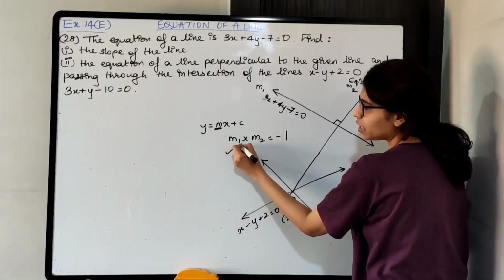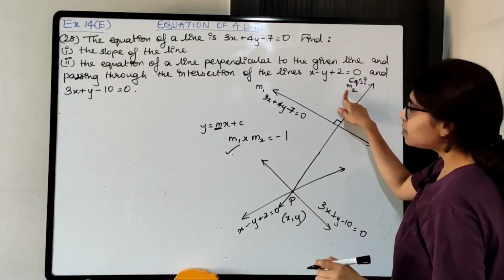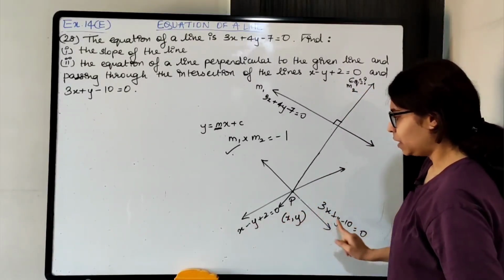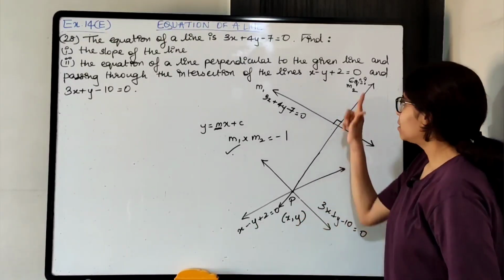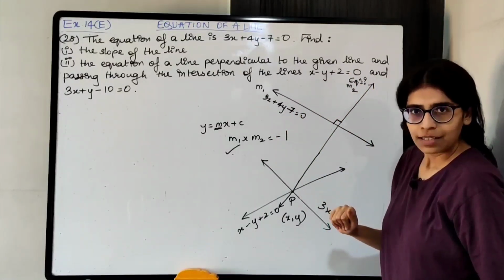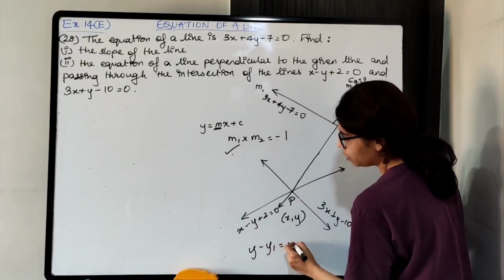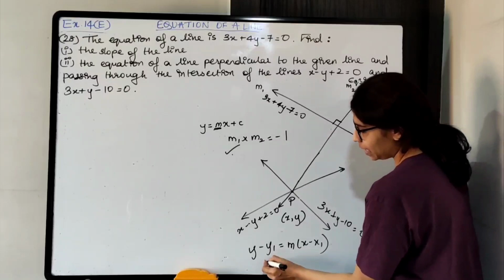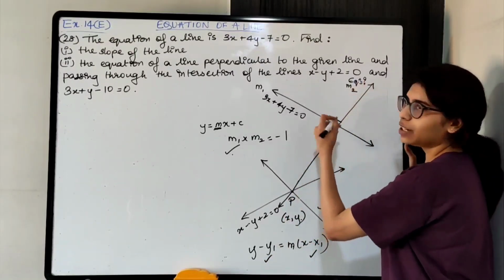Put the value of m1, you will get the value of m2. So I'll get the slope of the perpendicular line. I'll get the coordinates of P by solving the two linear equations. Once I get the coordinates and the slope, I can easily find out the equation of the line, right? Using the formula y - y1 = m(x - x1), where x1, y1 are the coordinates of P and m is the slope of the line.